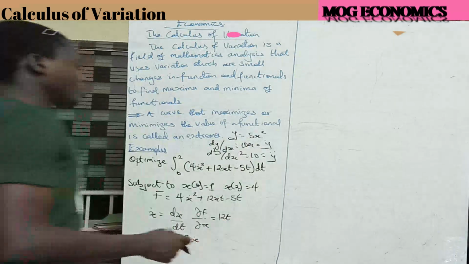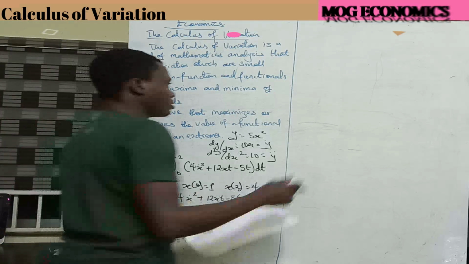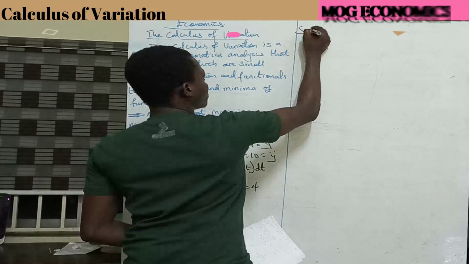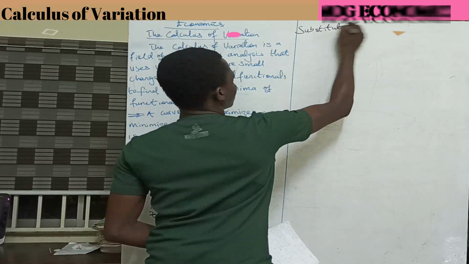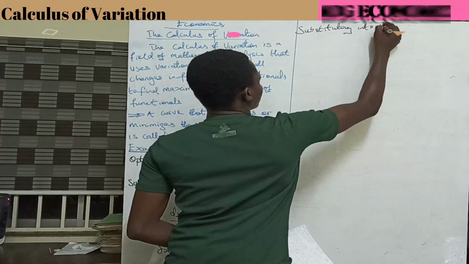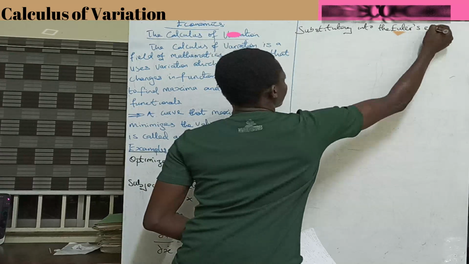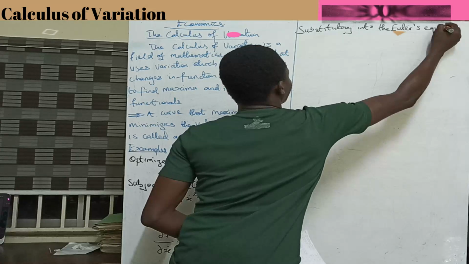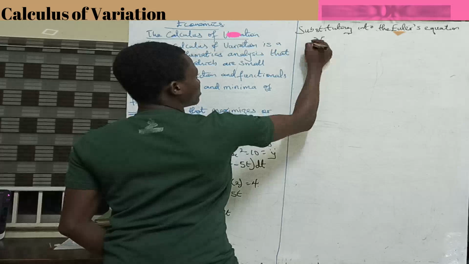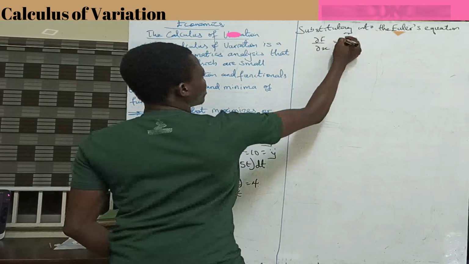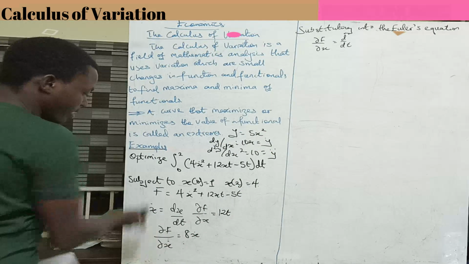From here, we now substitute into the Euler's equation. What that says is that the partial of f with respect to x is equal to d/dt of the partial of f with respect to x dot.